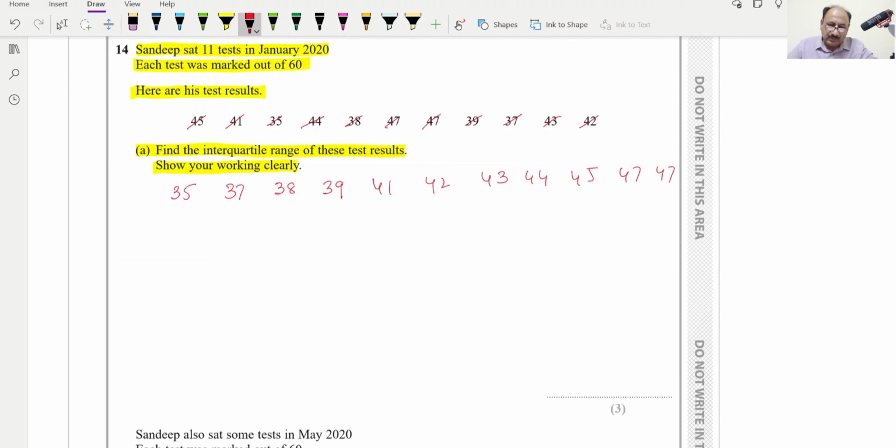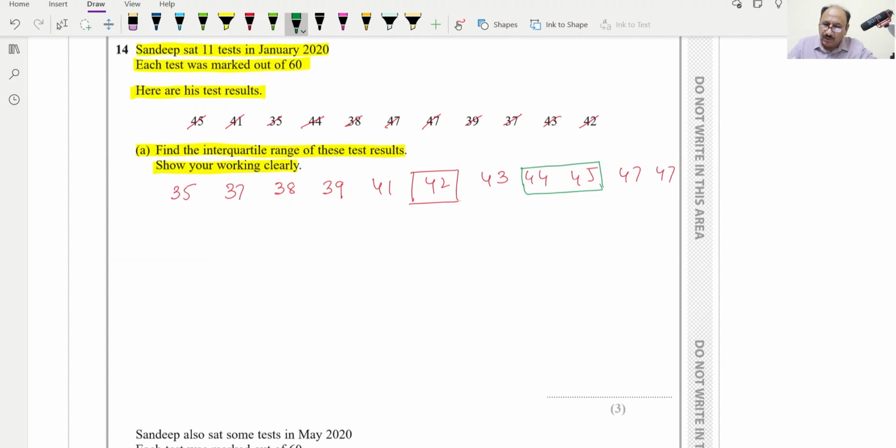Now the interquartile range is upper quartile minus lower quartile. If we count 1, 2, 3, 4, 5, 6, 7, 8, 9, 10, 11, the middle one will be the sixth term. So we will check the sixth term first. 1, 2, 3, 4, 5, sixth term is this one. From the remaining ones we will check for the upper quartile. Upper quartile will be adding these two and dividing by 2.